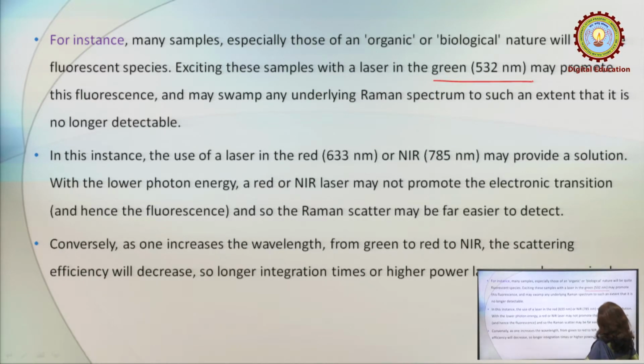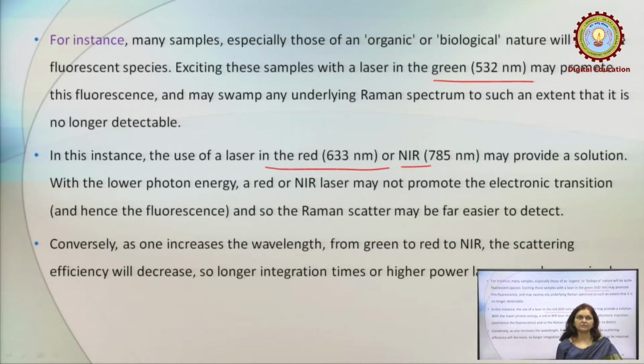In this instance, the use of a laser in the red range, 633 nanometer, or near infrared, 785 nanometer, may provide a solution. With the lower photon energy, a red or near infrared laser may not promote the electronic transition and hence fluorescence. So, the Raman spectra may be far easier to detect.